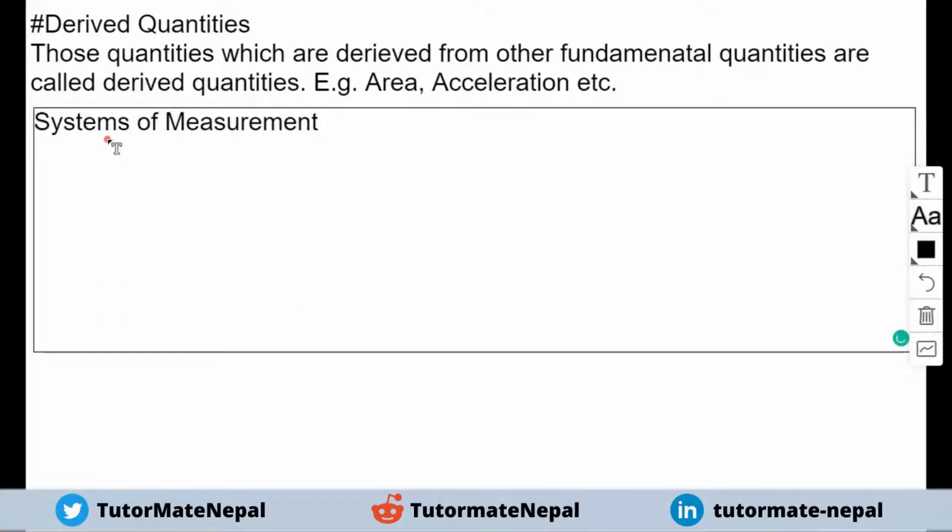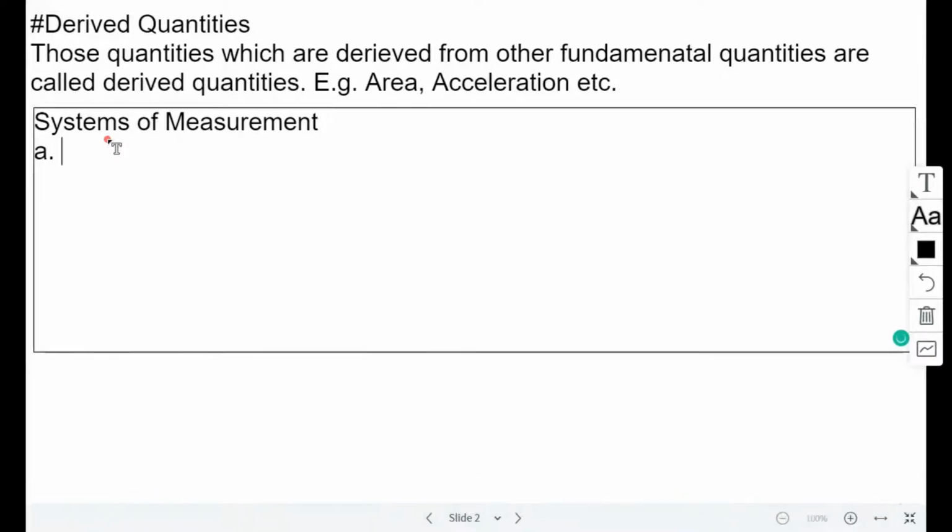There are altogether four systems of measurement that we will be discussing: CGS system, FPS system, MKS system, and the last one is SI system.